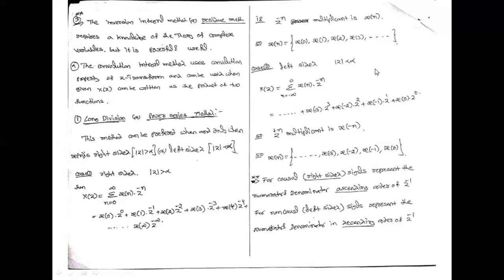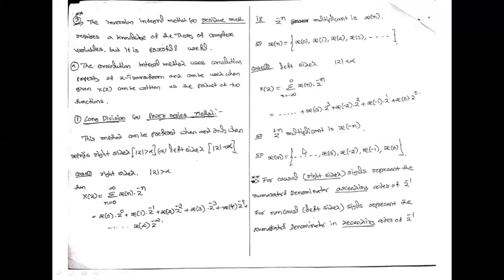And case 2, the left-sided, |z| is less than alpha. Here x of z is equal to the sum from minus infinity to minus 1 of x of n z power minus n. Actually, it is minus 1 because it is discrete. Already we took right-sided as starting from 0, and left-sided as ending at minus 1.